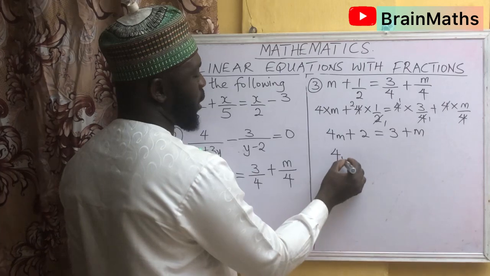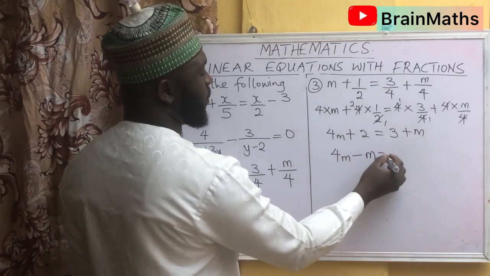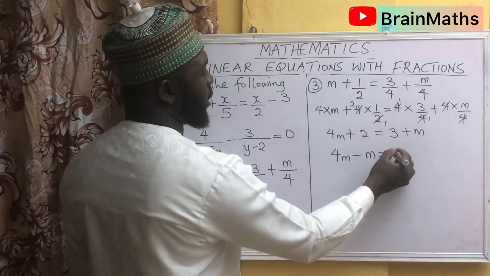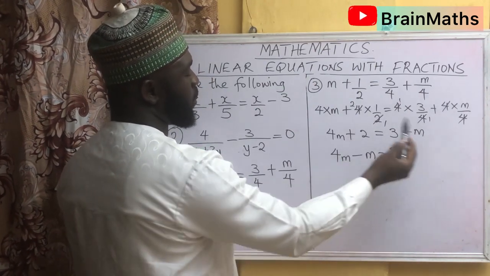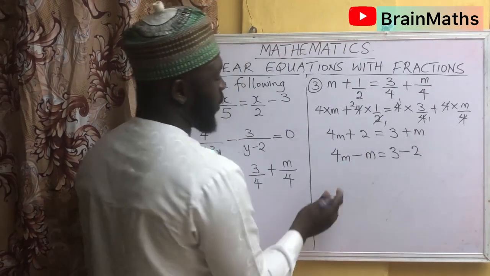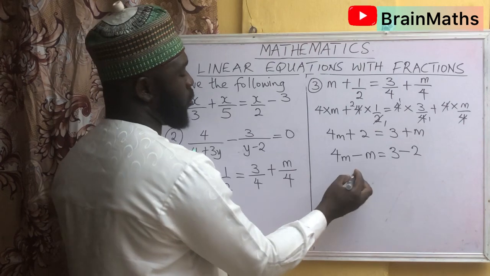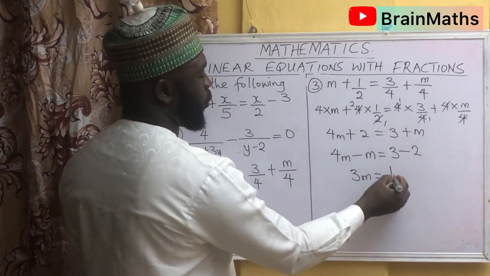We have 4m. It is positive here. It becomes minus m on this side. And we already have 3 on the right hand side. Taking the positive 2 to the other side will give us a negative 2. 4m minus m will give us 3m equals 3 minus 2, 1.